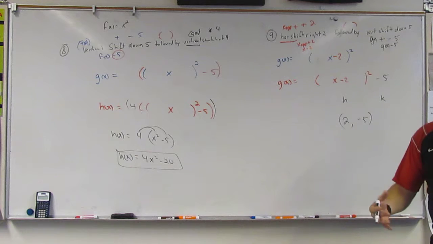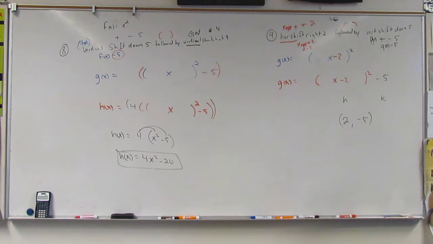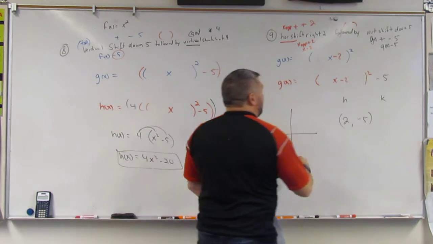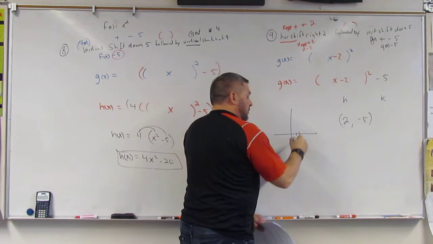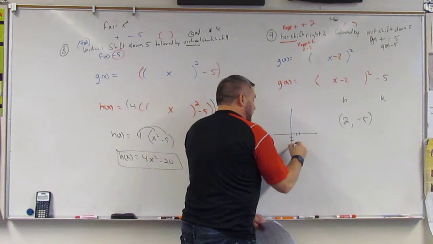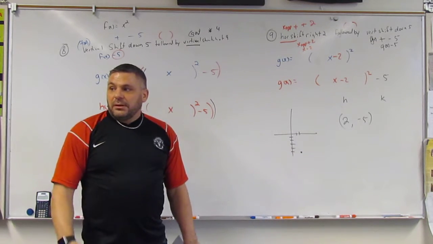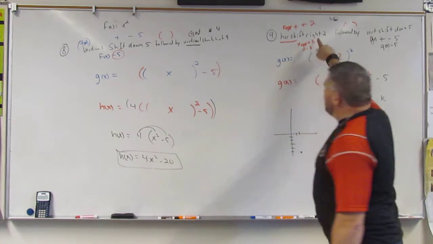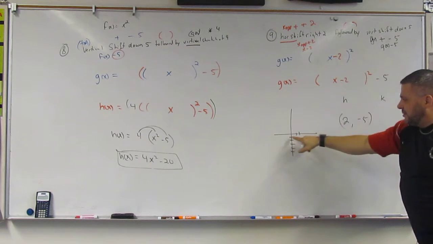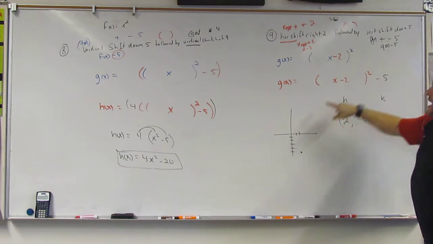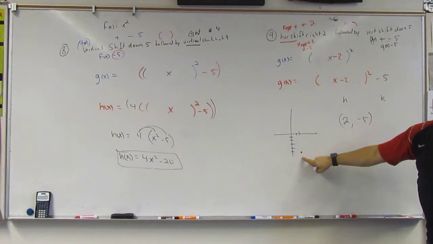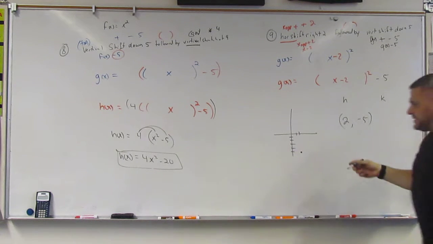So that's what's happening. It's being shifted, right? If we think about it, it's being shifted to the 2 and to the negative 5. So it got moved right and down. And it's the same function.